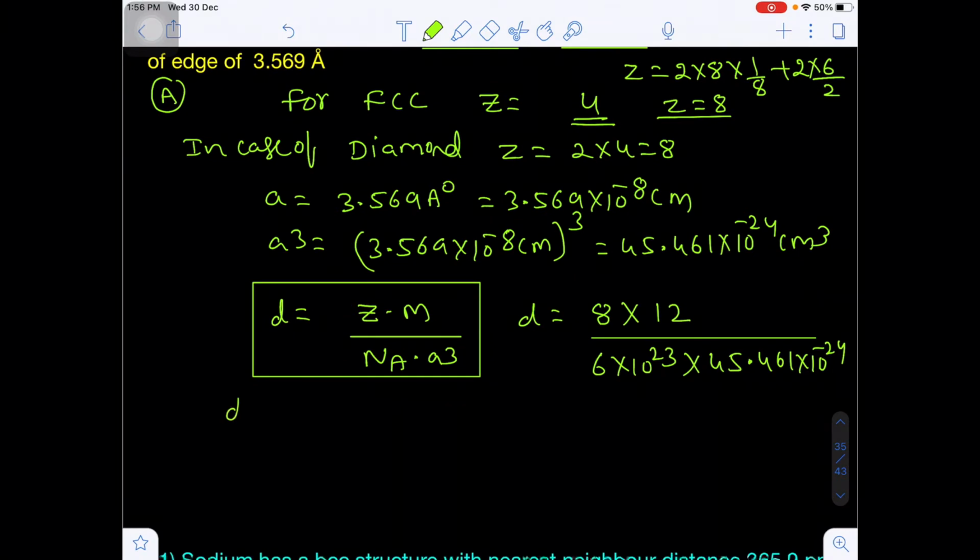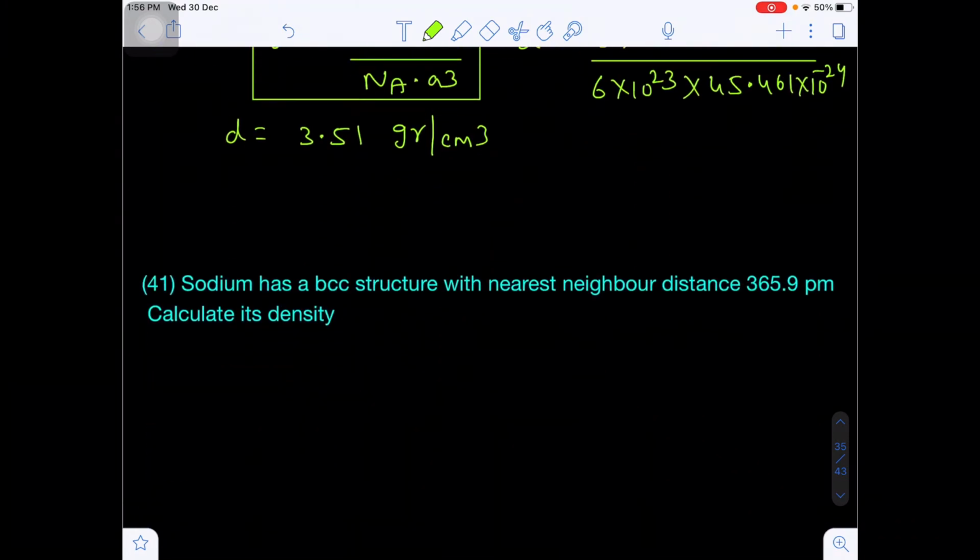So overall I will get the density in terms of gram per centimeter cube, which will be equal to 3.51 gram per cubic centimeter. Yes or no? This is the SI unit for density.